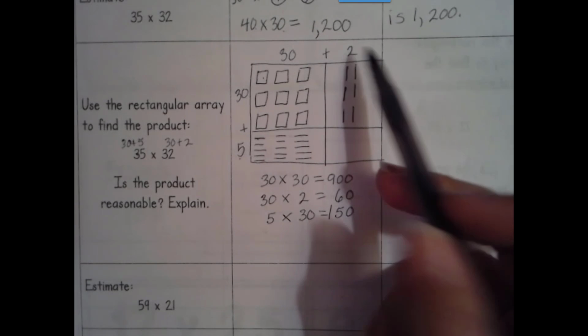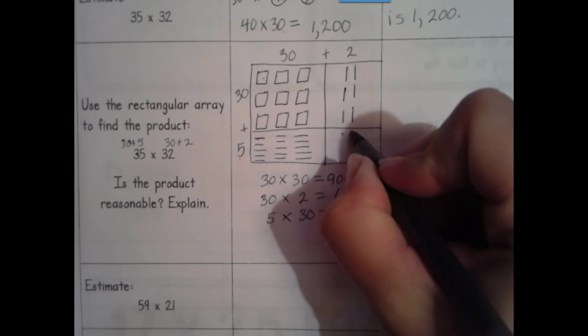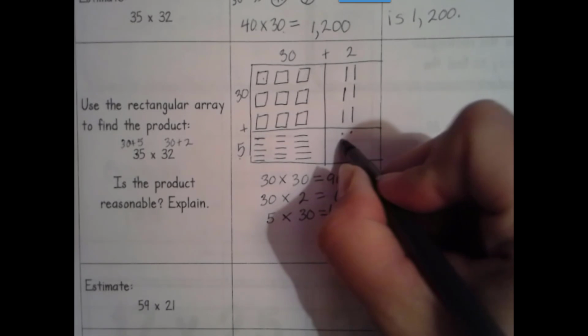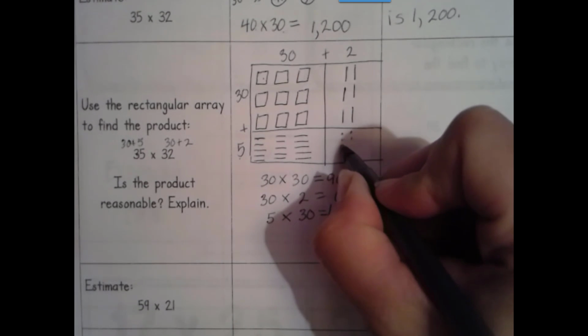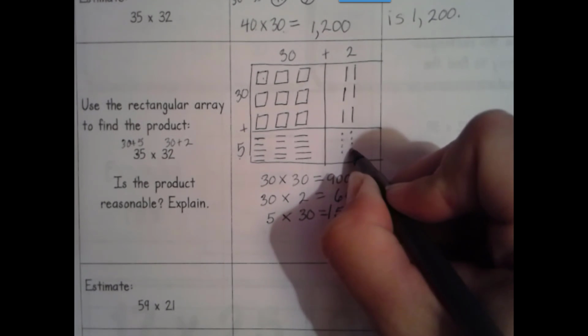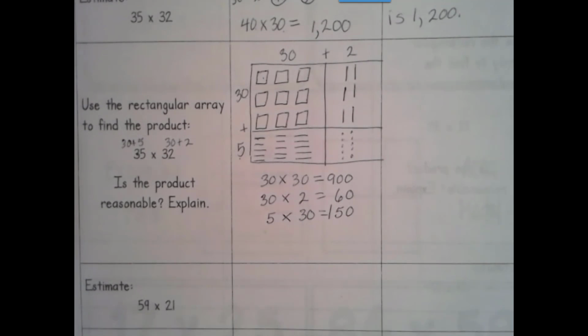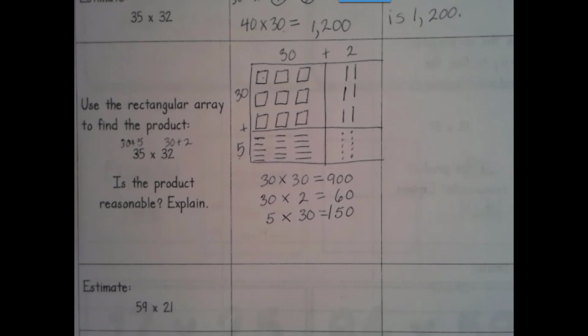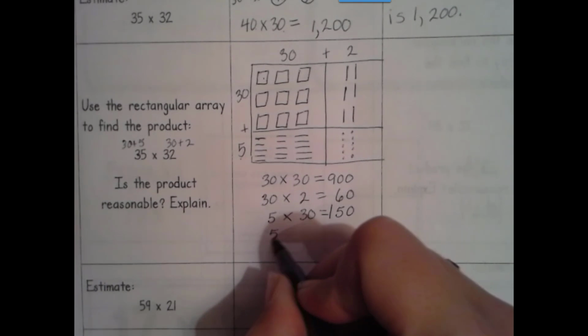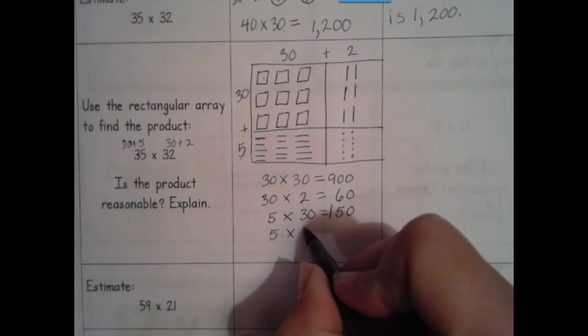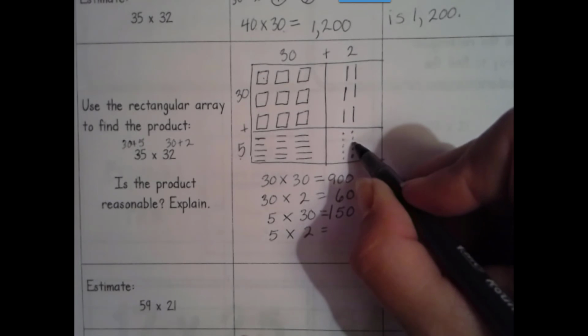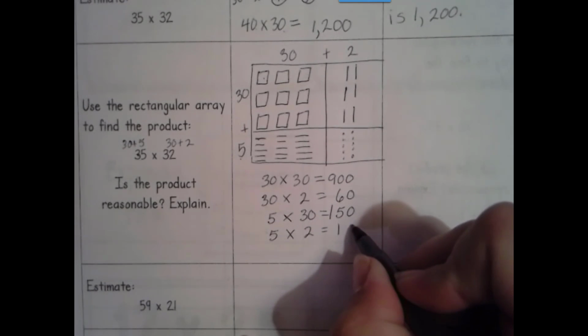And then 5 groups of 2. There's 1 group of 2, 2 groups of 2, 3 groups of 2, 4 groups of 2, 5 groups of 2. 5 times 2 is 2, 4, 6, 8, 10.